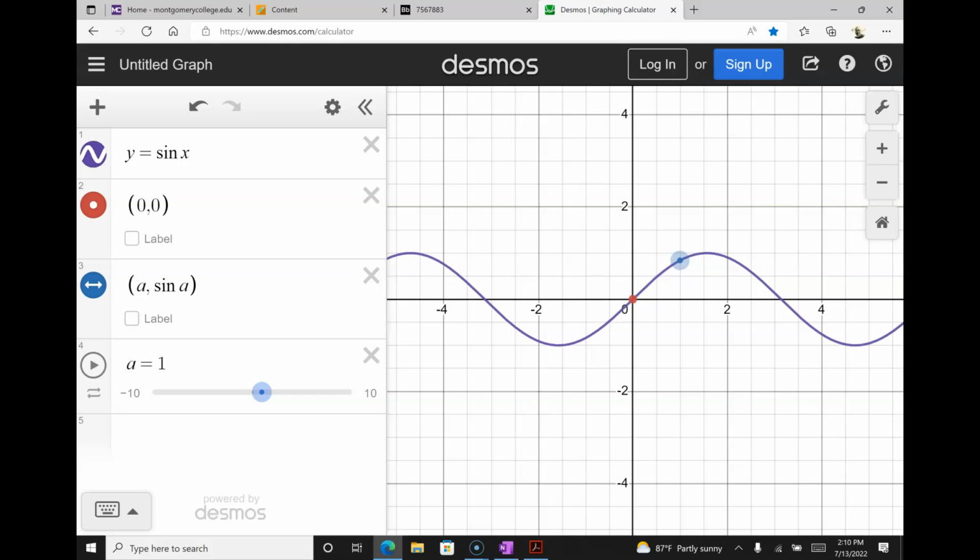So remember, sine of a over a is y2 minus 0 over x minus 0. Remember I just said that before?